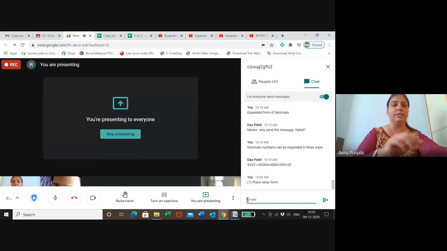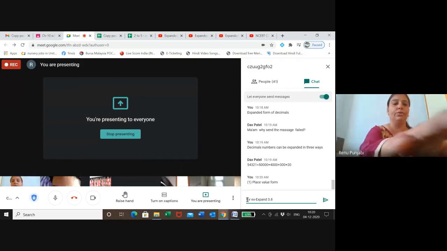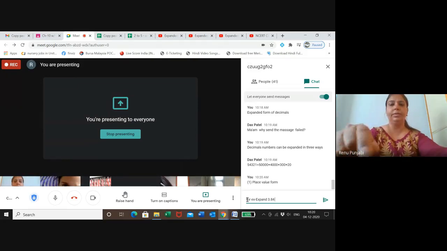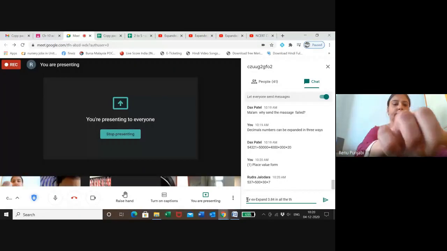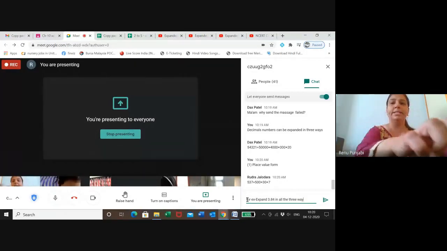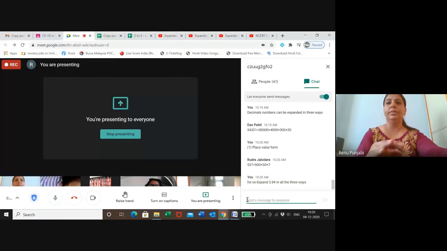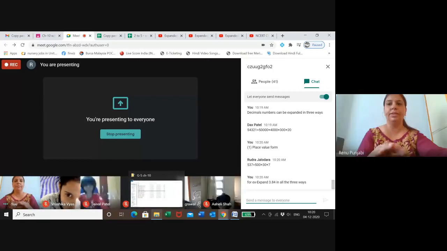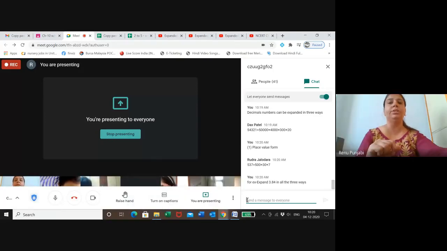For example, expand 3.84 in all the three ways. Are you all writing, children? Please tell me yes or no. Yes. For example, expand 3.84 in all the three ways.